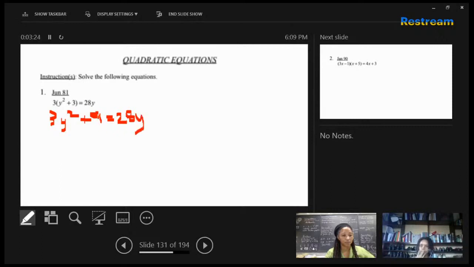So now we're going to bring over the 28 to get our quadratic equation, and then 28y to make our quadratic equation. And then we're going to put everything equal to 0. So 3y squared minus 28, because it's a positive 28, we'll bring it over, make it minus. Minus 28y plus 9 equals 0.